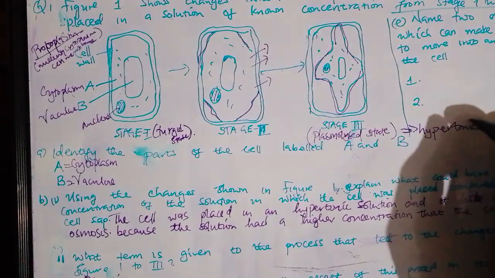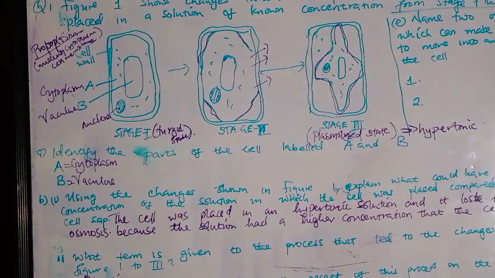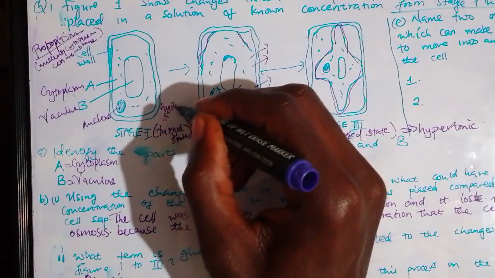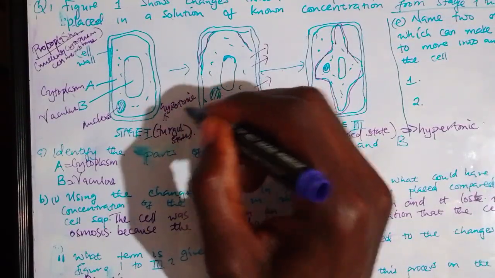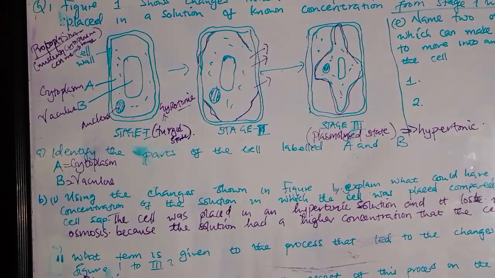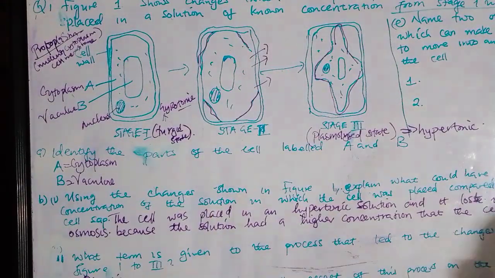Then when you place something in a hypotonic solution, it becomes turgid. So these are the two things which you need to understand on osmosis. In another way, they can change the question and bring hypotonic, so you need to understand.